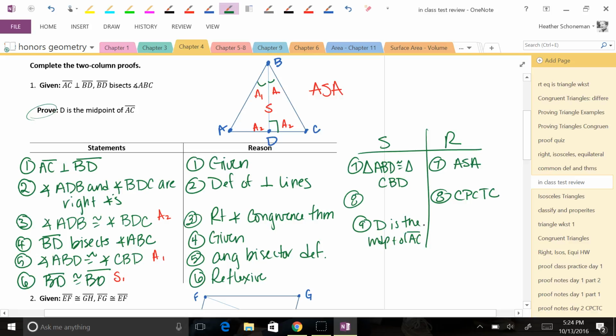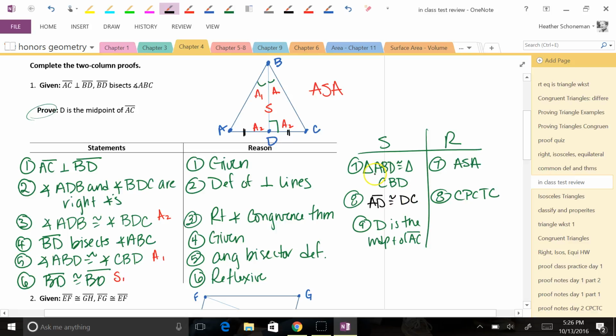So now we got to figure this out. So we ask ourselves, if D was the midpoint of AC, then this segment would have to be congruent to that segment. So that is the key fact. So if we write in here, AD is congruent to DC.